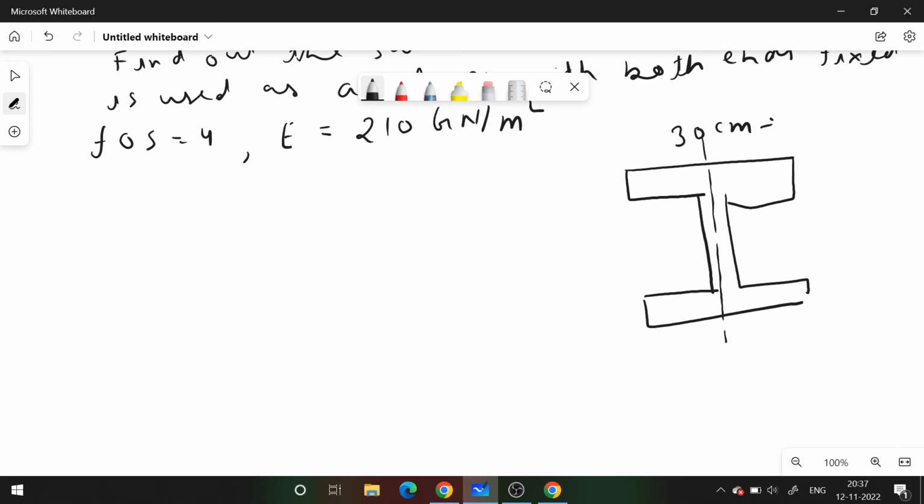Dimensions of the upper flange are 30 centimeter wide and 5 centimeter deep, and the web is 100 centimeter long and 2 centimeter wide.